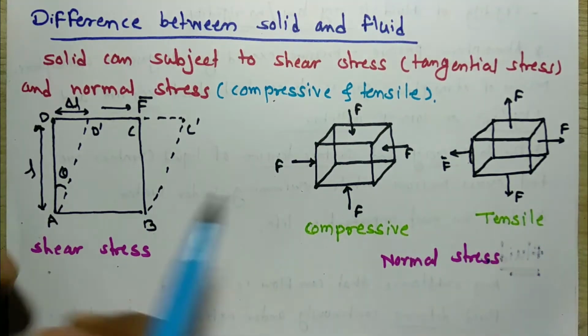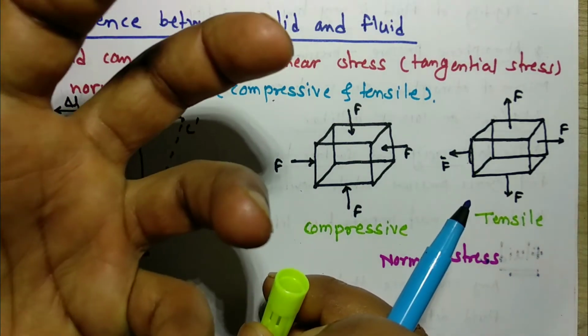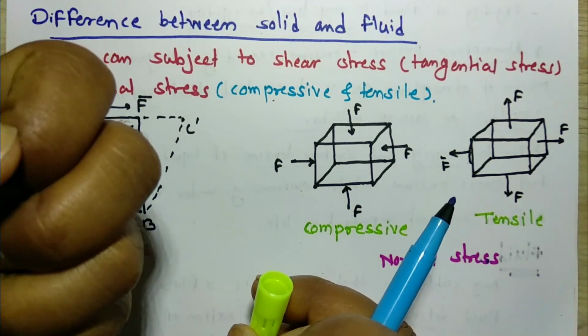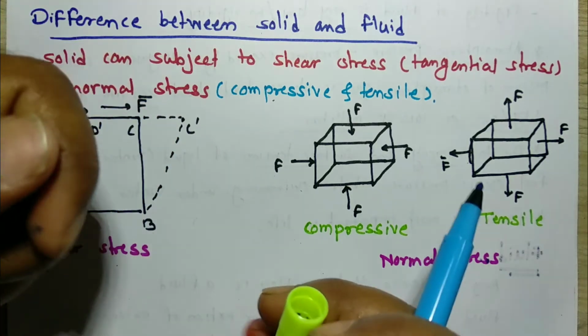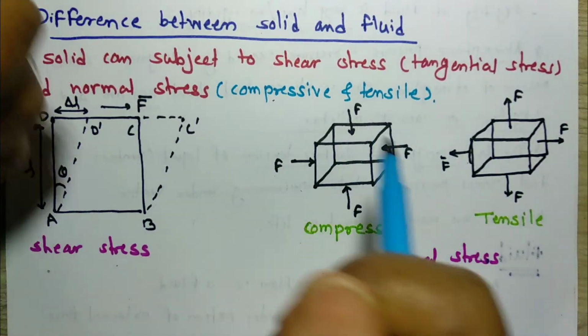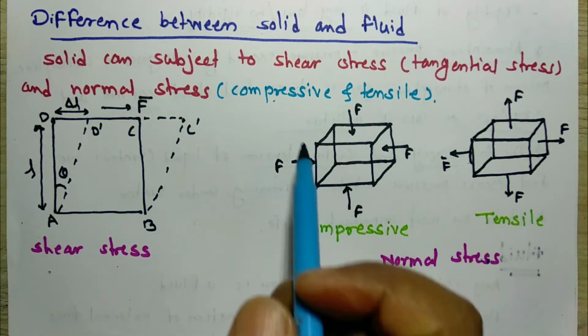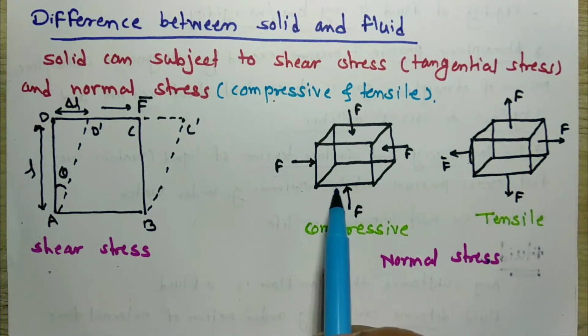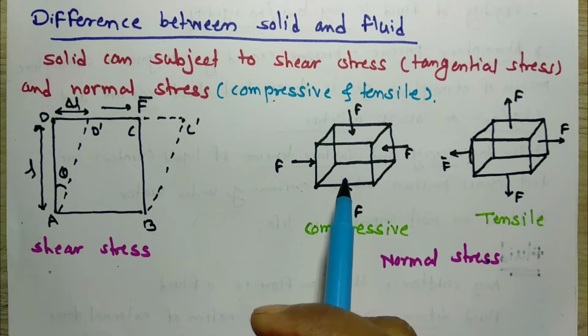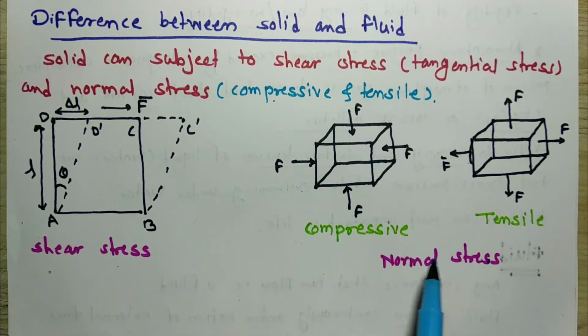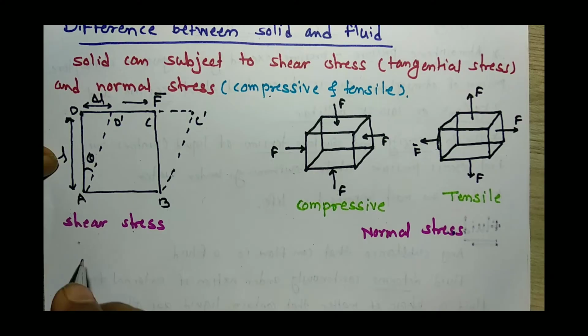And for compression, when we take a sponge ball in our hand and press it, at that time you will get the compression, and if we take a rubber in our hand and elongate it, at that time you will get the tensile condition. Inside this we use forces acting normally to the surface of that substance, and therefore it is a normal stress.